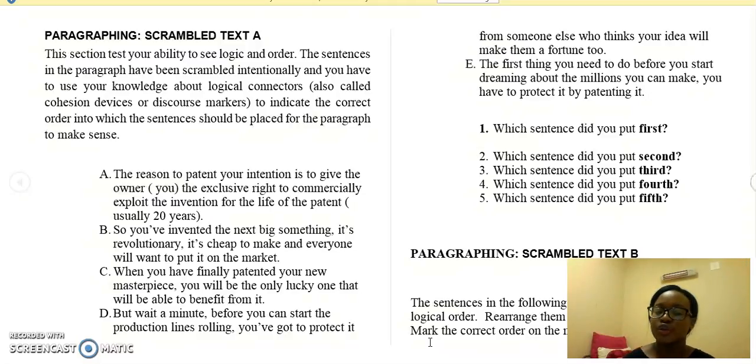B, so you've invented the next big thing. It's revolutionary. So B gives an idea that there's something big, there's an invention, something huge, revolutionary, it's cheap, and everyone wants to put it on the market, right? And C begins with when you have finally. D, but wait a minute.